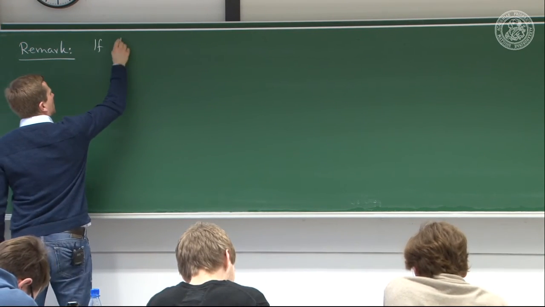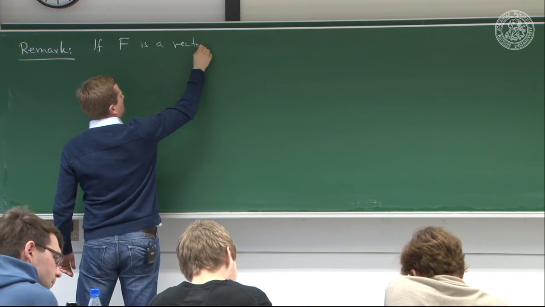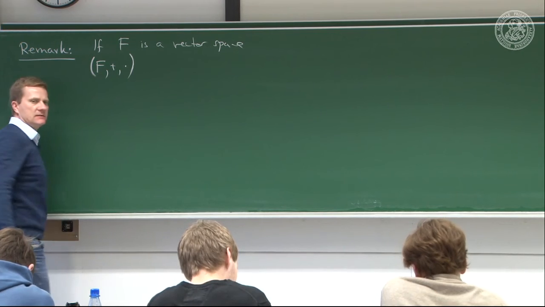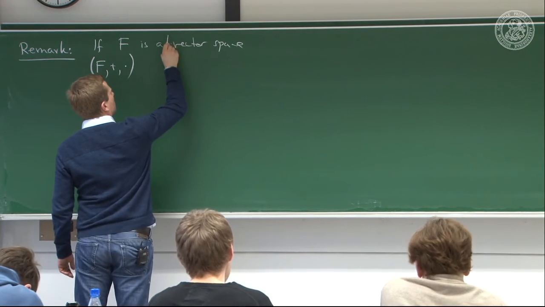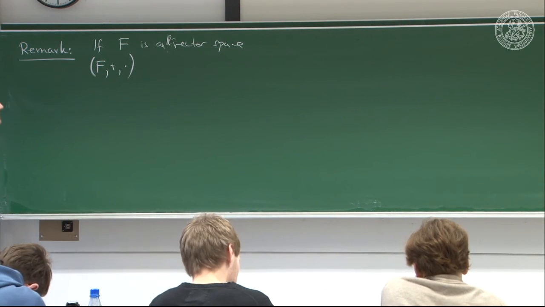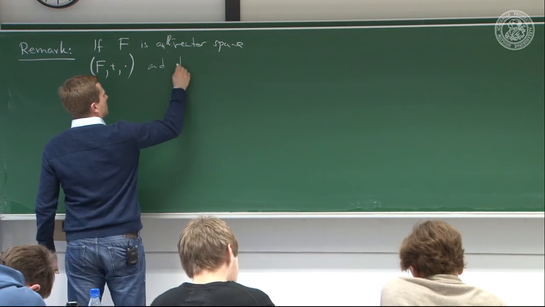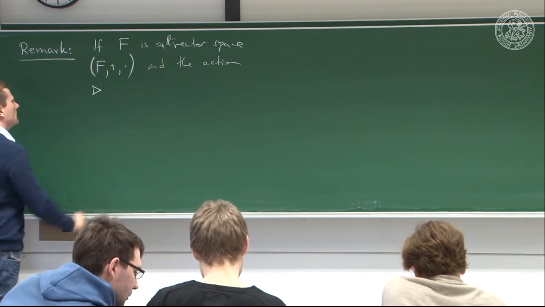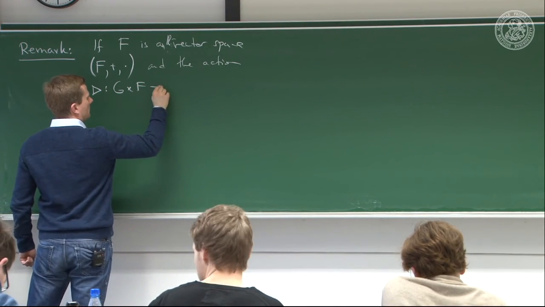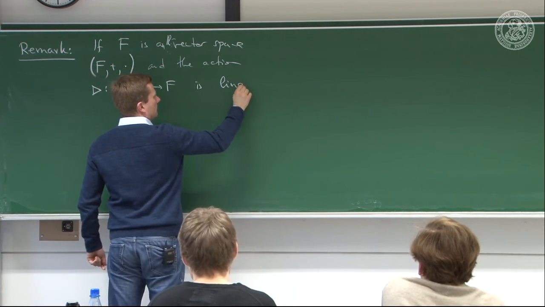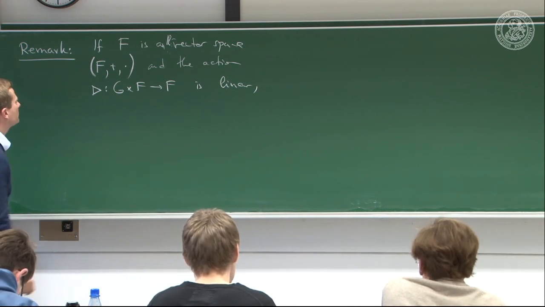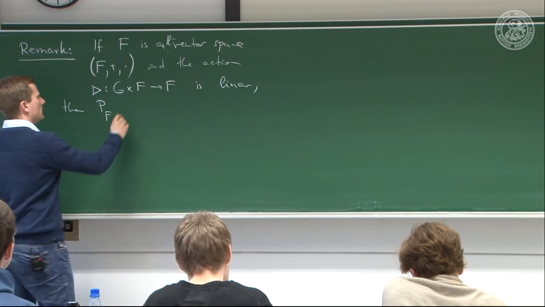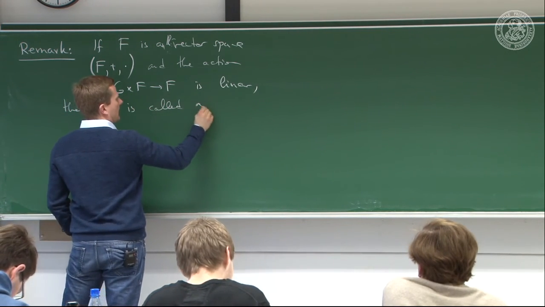If F is a vector space, that means it's equipped with an addition and a scalar multiplication, let's call it an R vector space, and the left action of G on F is linear, then this associated bundle P_F is called a vector bundle.